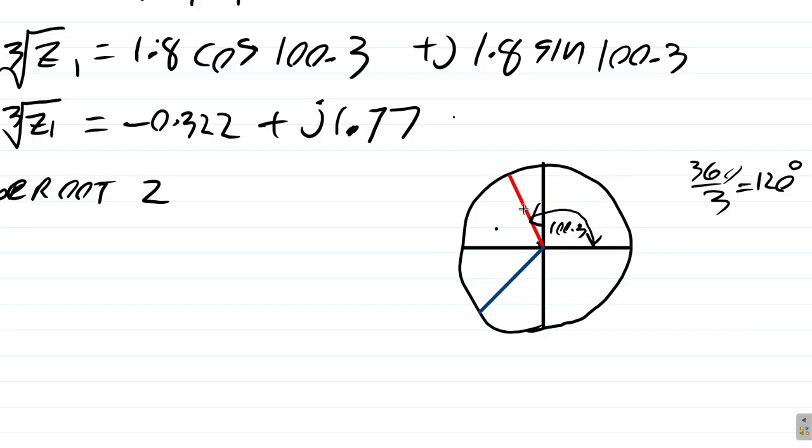What you have is this plus 120 degrees, right? So you have 100.3 plus 120, which would be 240.3, and then you add again another 120 degrees.